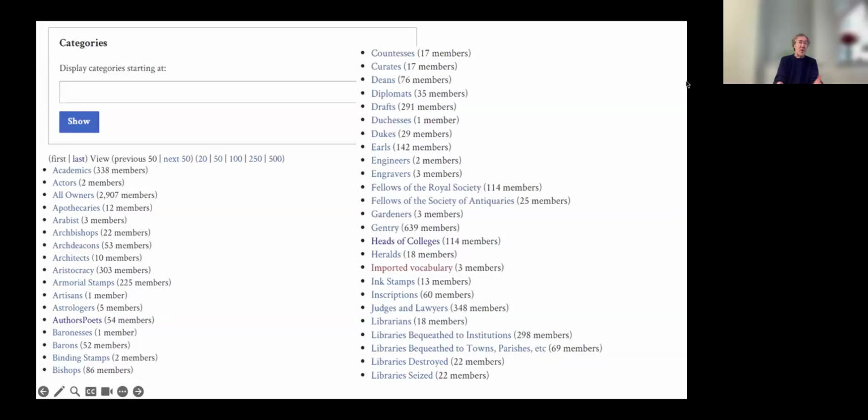The underlying software of the database is Semantic Media Wiki. So it sits on a wiki type platform, and it is hosted here at UCL through the Centre for Editing Lives and Letters, although it's also sponsored by the Bibliographical Society, which is an independent learned society focusing on book history.